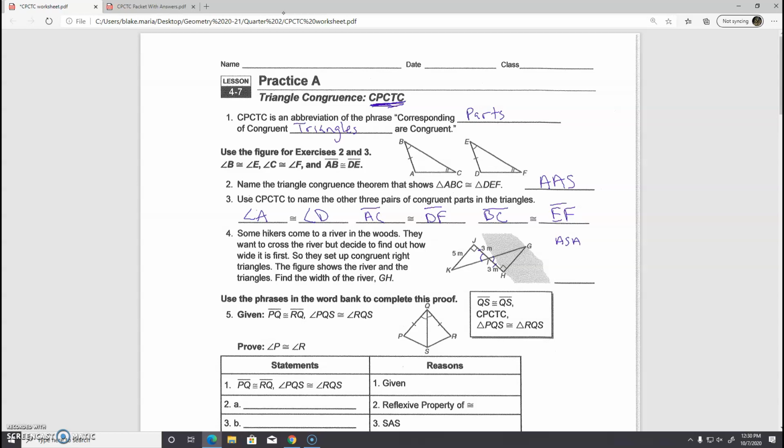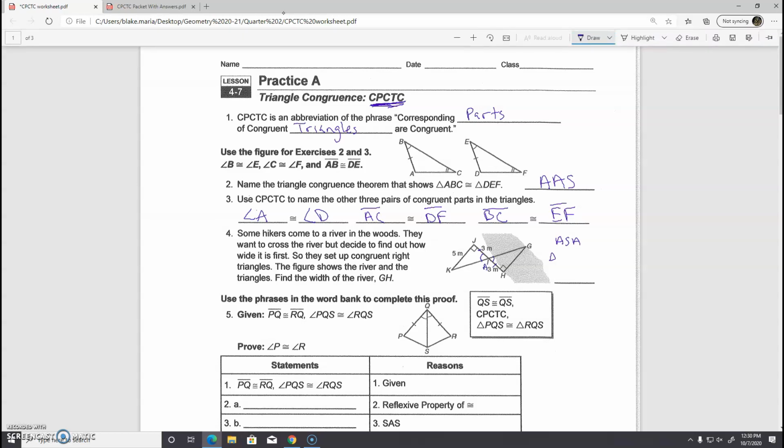So let's set up our statement here. Triangle, how about, well, this one doesn't have a letter. How about A? We'll put an A here. So triangle AJK is congruent to triangle AHG. And we know that because of angle, side, angle.